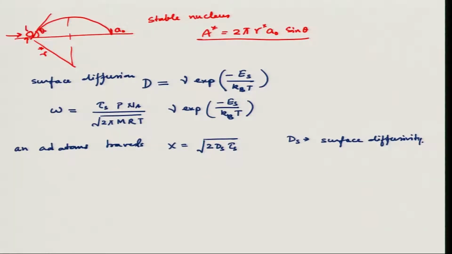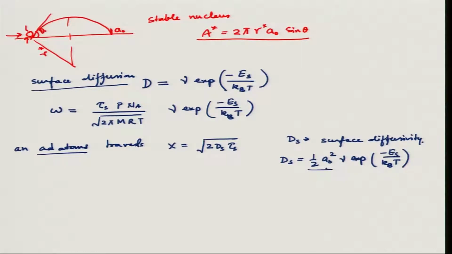Now, again we can write this in terms of Ds equal to 1 by 2 a0 square nu exp of minus Es over kBT. So, this is the surface diffusivity of the atom. This is the surface diffusivity of the atom which is directly impinging on your nucleus. They are two different terms, and this term is added in this.